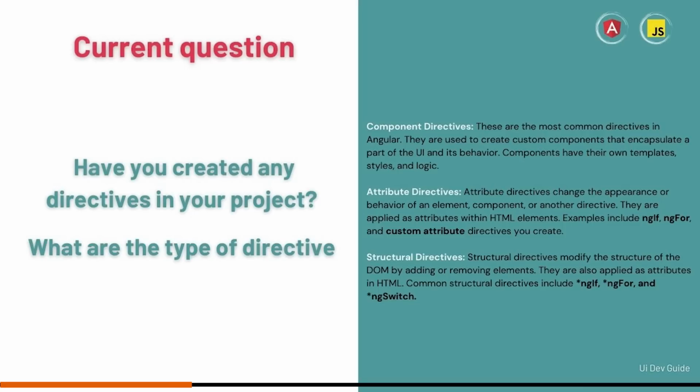One is a component, that component also acts as a directive, and the second type is a structural directive. In that, ngIf, ngFor and ngSwitch are mostly used, and another one is attribute directive, that is ngClass and ngStyle.